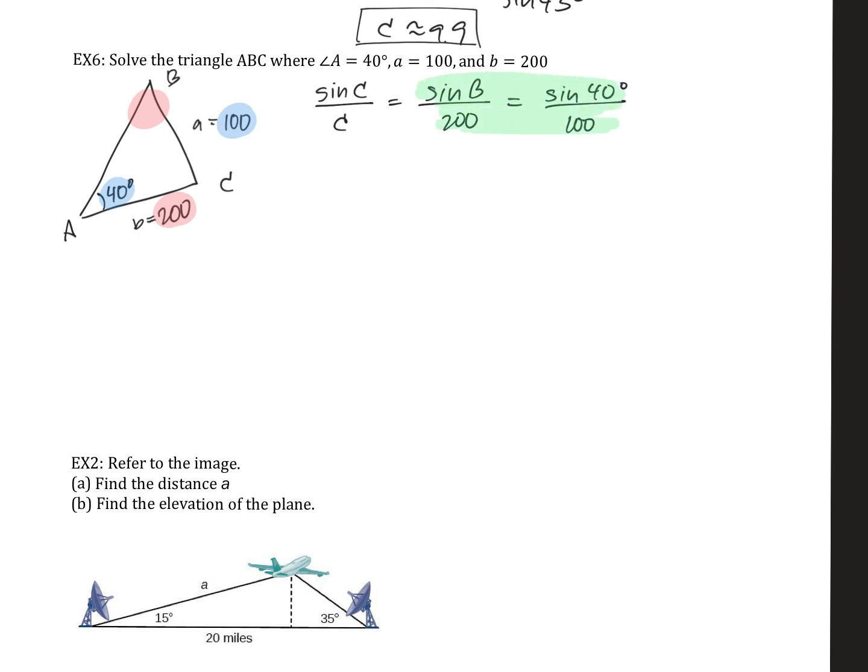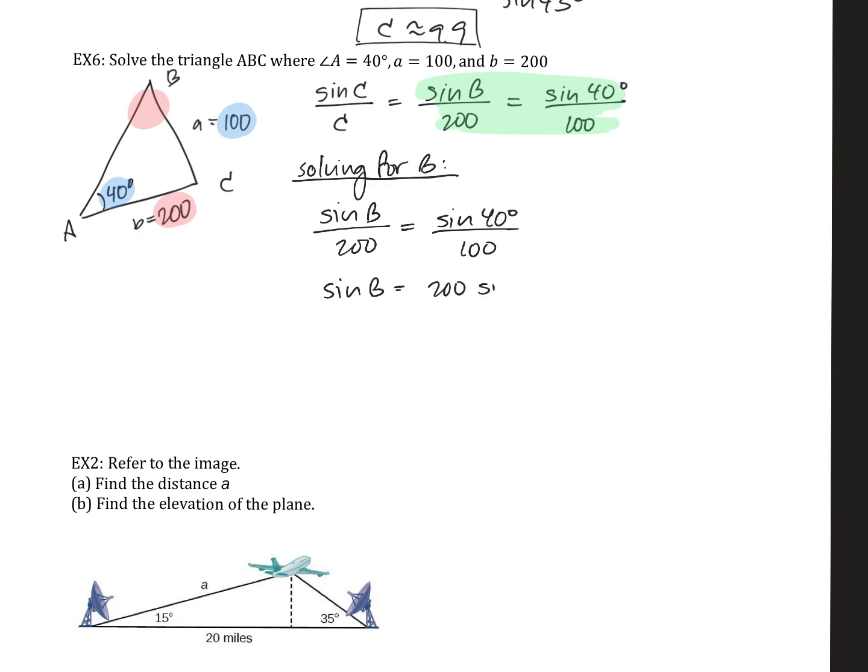And what are we solving for? Solving for B. So sine of B over 200 equal to sine 40 degrees over 100. Then we'll get sine B equals 200 sine 40 degrees divided by 100.